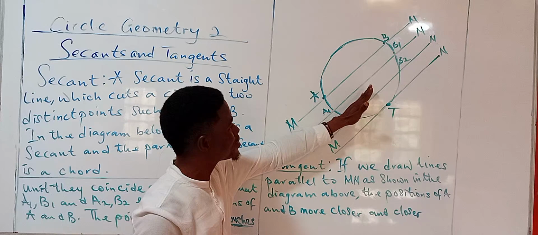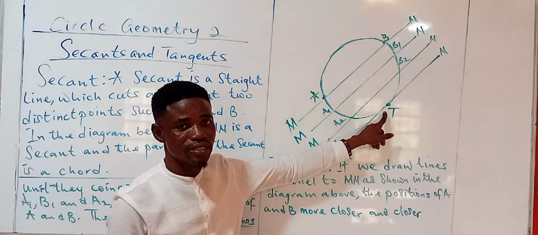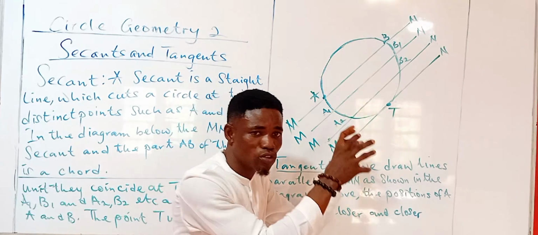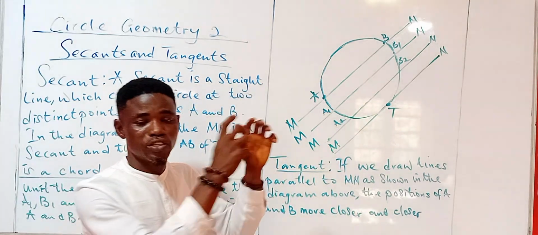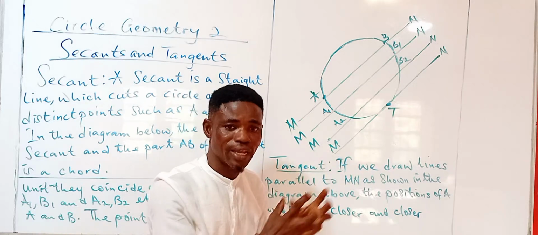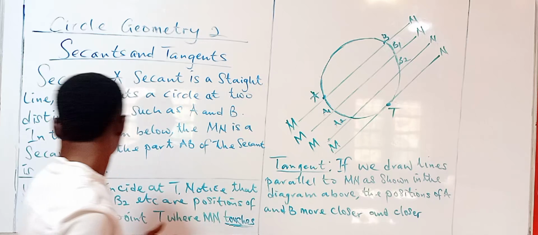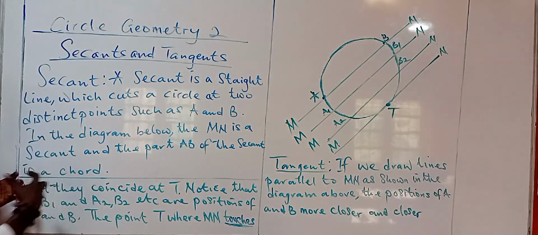You will discover that this line touches the circle at T, and that point of touching is known as the point of contact or point of tangency.